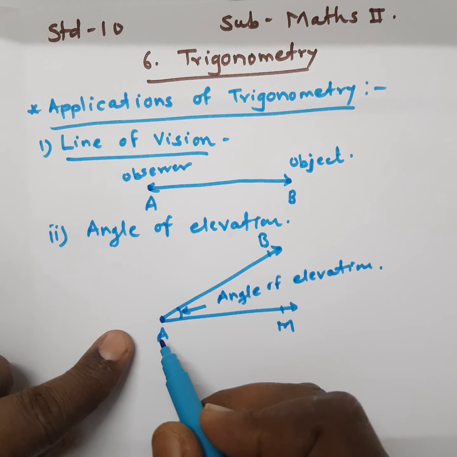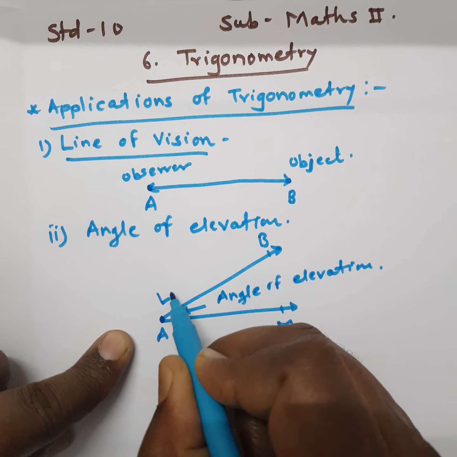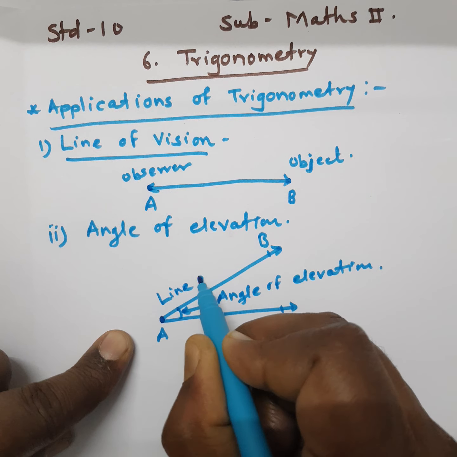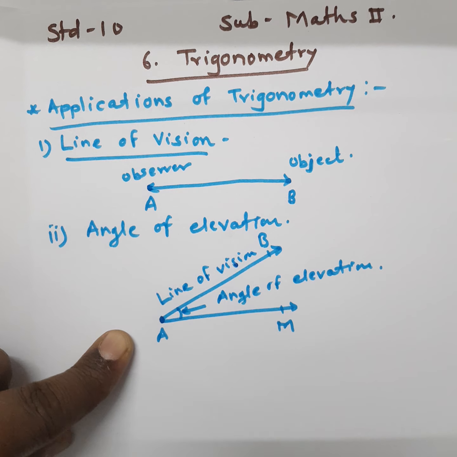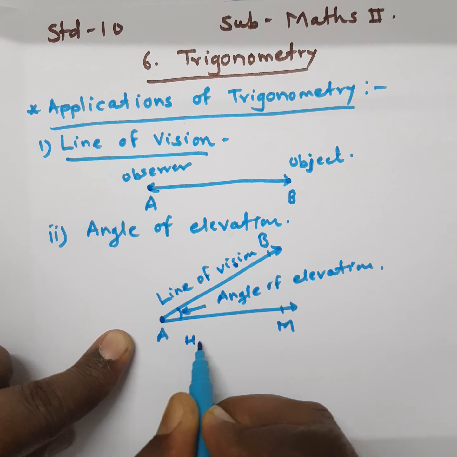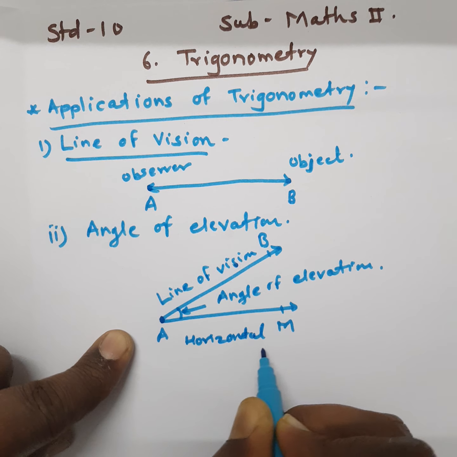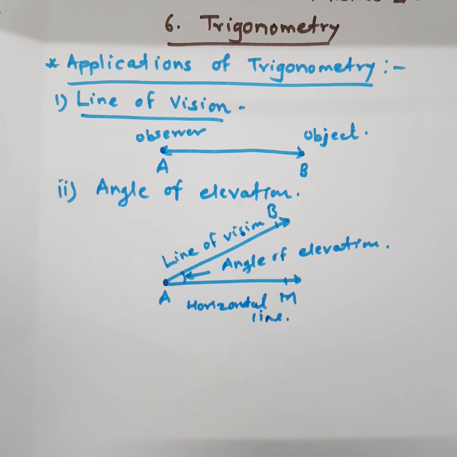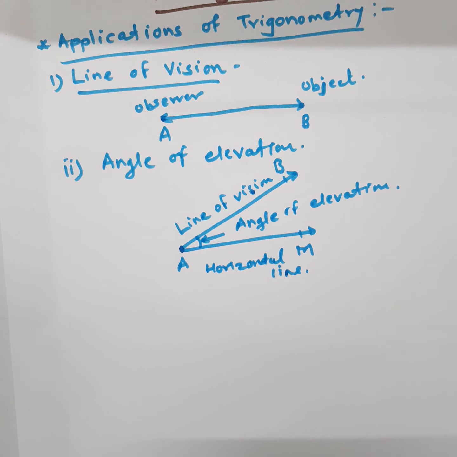Observer at A looking towards point B means AB is the line of vision and AM is the horizontal line. Here angle BAM is called the angle of elevation.